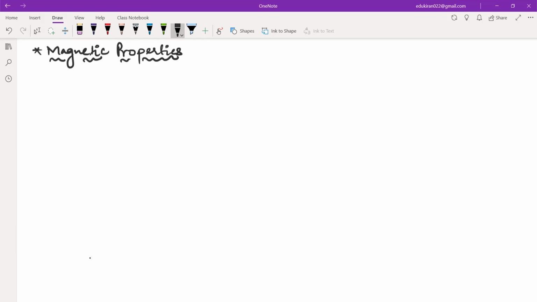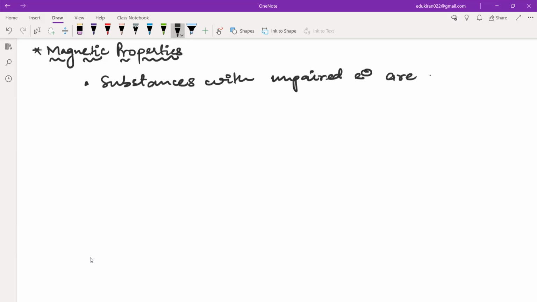Magnetic properties. Now, there are two types of magnetic properties that can be shown. It can be either paramagnetic or diamagnetic. Substances with unpaired electrons are called paramagnetic.